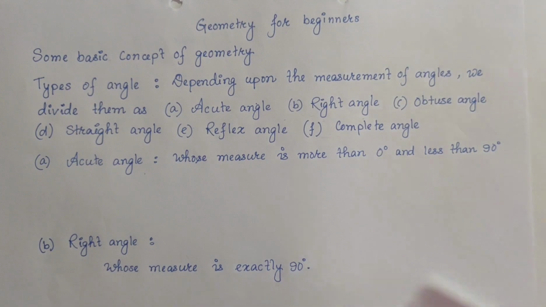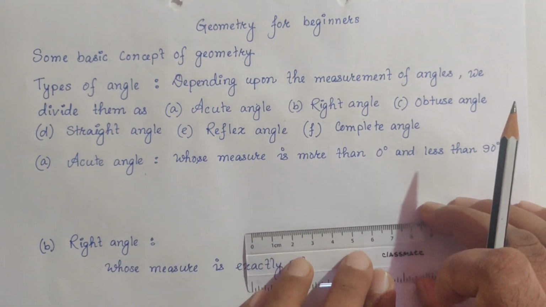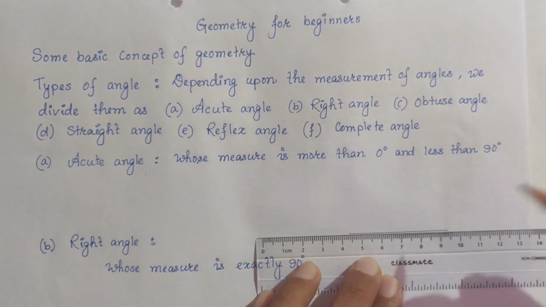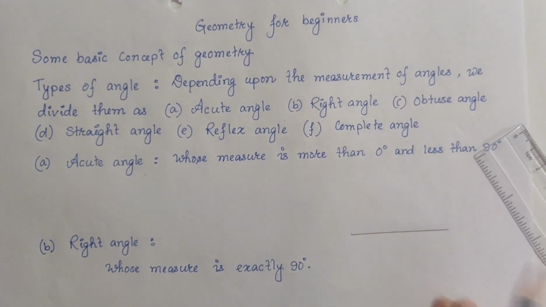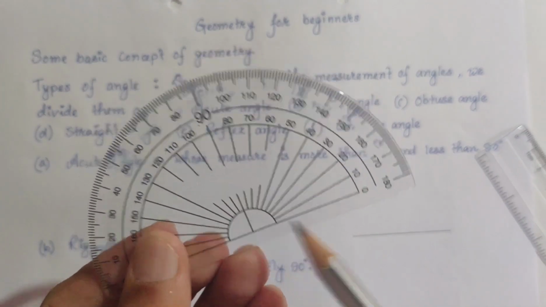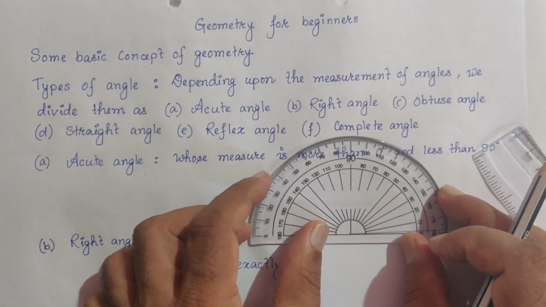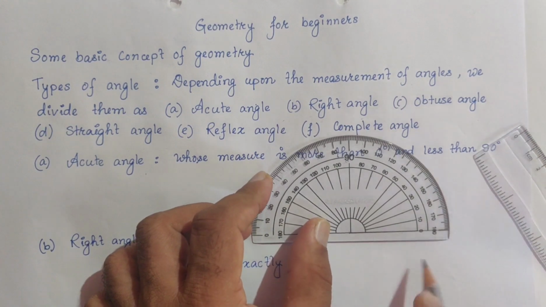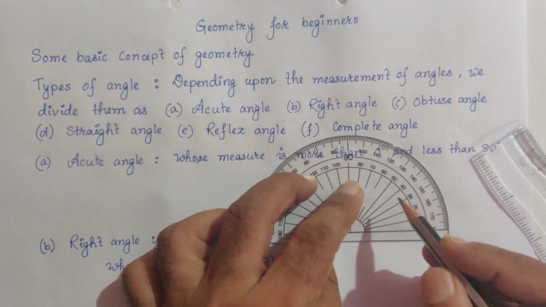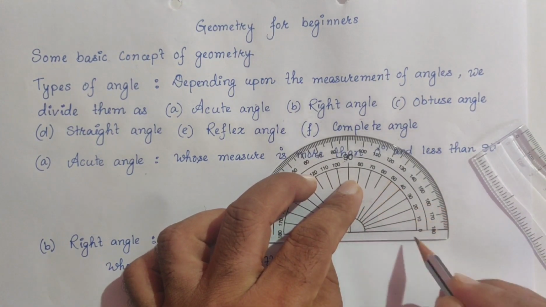So first you have to draw one of the arms of the angle. Suppose this arm is drawn. This is the starting point of the arm. Put the central point of the protractor at the starting point, overlapping the base mark of the protractor with the arm, and find the 60 degree.